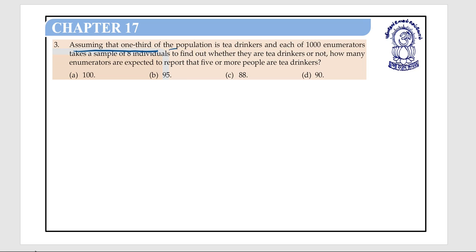Assuming that 1/3 of the population is tea drinkers, and each of 1000 enumerators takes a sample of 8 individuals to find out whether they are tea drinkers or not, how many enumerators are expected to report that 5 or more people are tea drinkers?